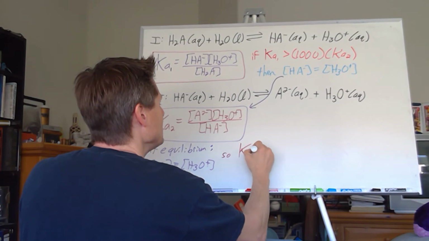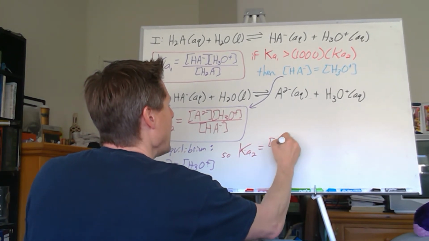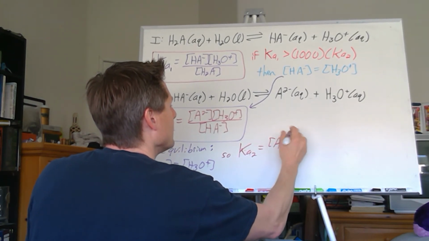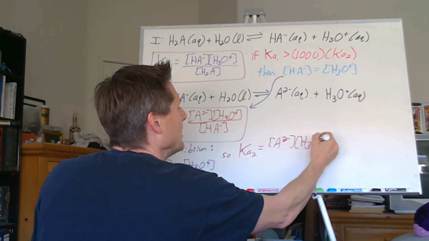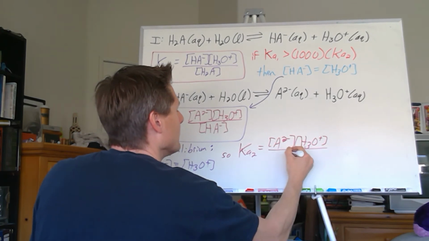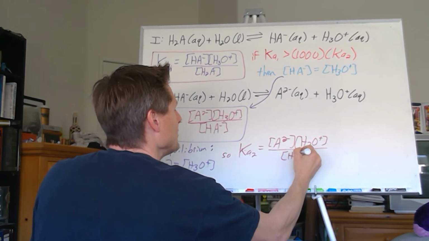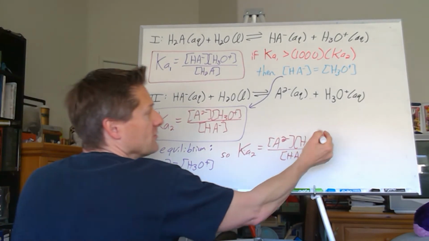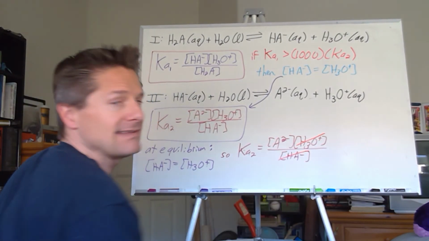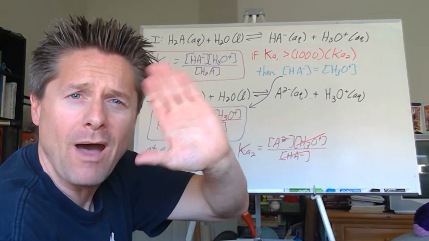So Ka2 will be equal to A2 minus, that's an ugly looking 2 minus, times the hydronium. Can you see it coming? Over HA minus. But these are equal to each other. So those are going to be the same value, and they go adios, man.